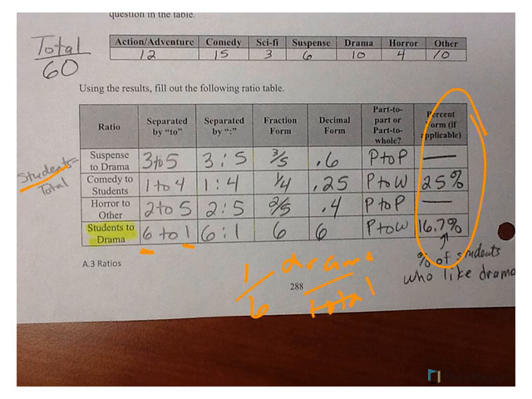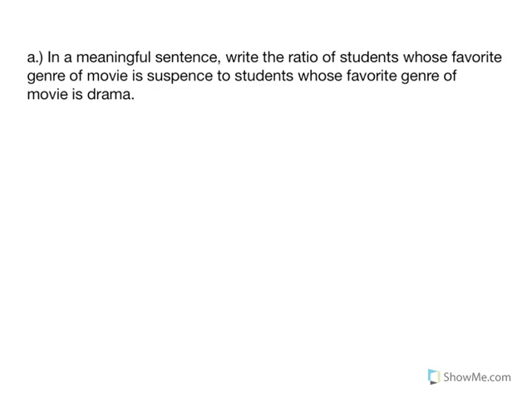And now we're going to use these to interpret a little bit. So using your completed table, in a meaningful sentence, write the ratio of students whose favorite genre of movie is suspense to students whose favorite genre is drama. So we're going suspense to drama, which you've already done, and we know that answer is 3/5.